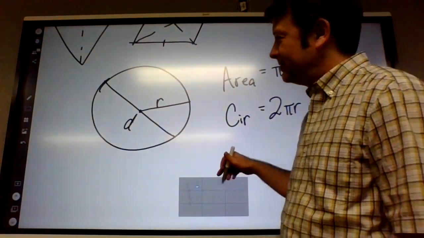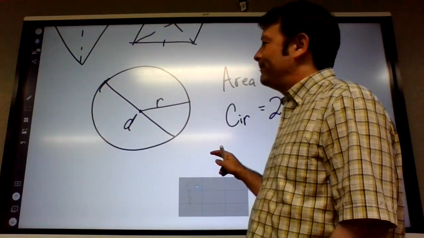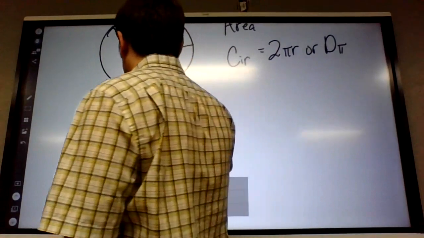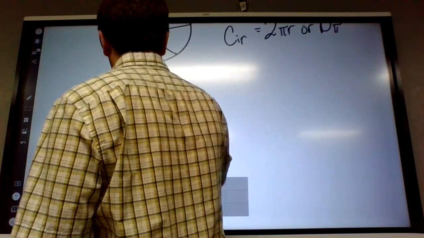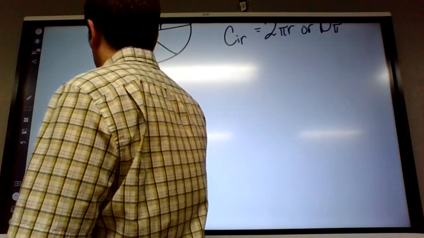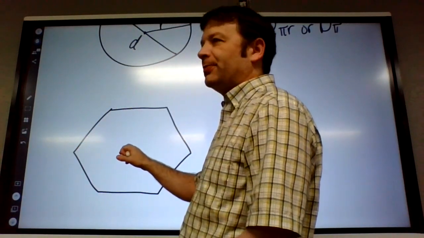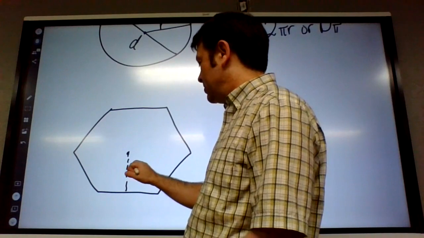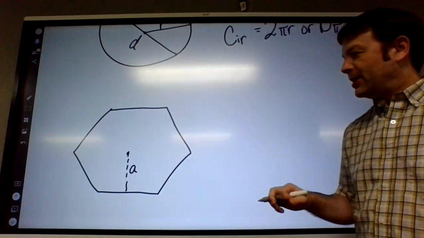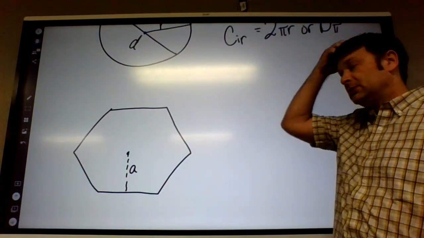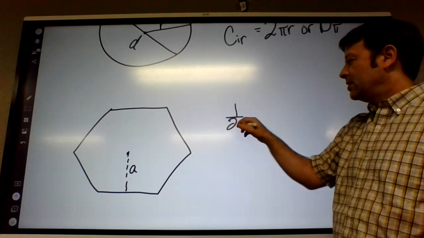Okay. What am I forgetting? I remember. I can't really draw all these, but for regular polygons we had a formula as well. Anybody remember the area for a regular polygon? 1/2 times apothem times perimeter. Good job.